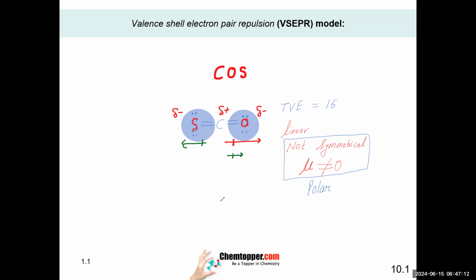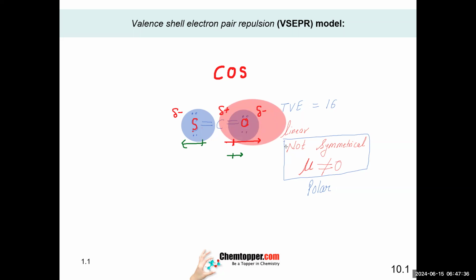Now, what does it mean? The electron density of the molecule is more in this area. I'm going to show you in a kind of representation how the electron density will be more in this area. It will be more on the oxygen as compared to sulfur, right?